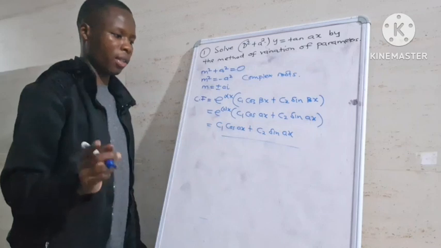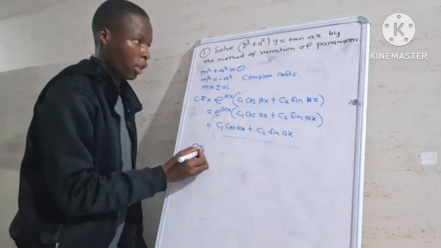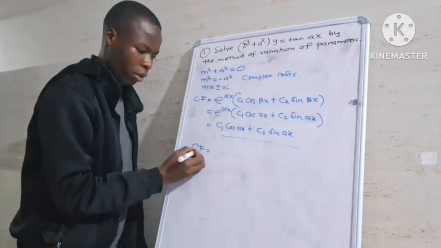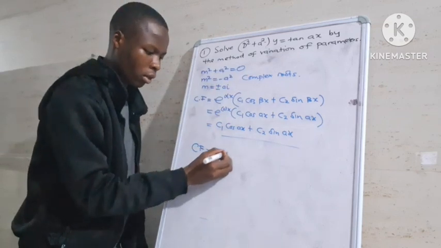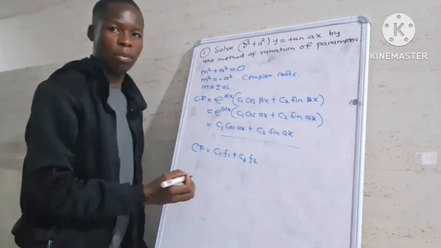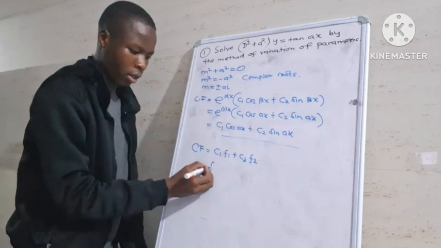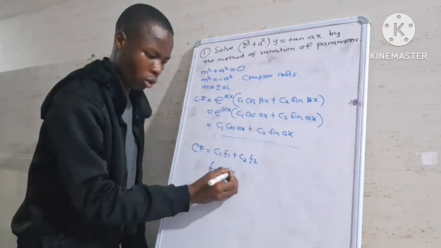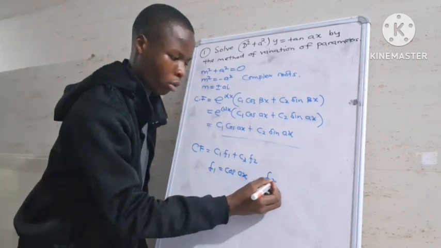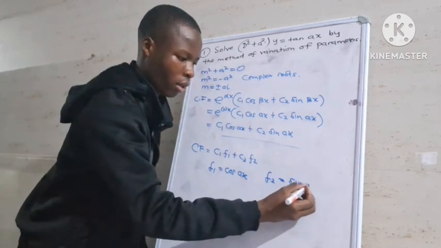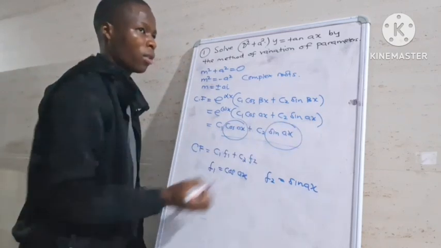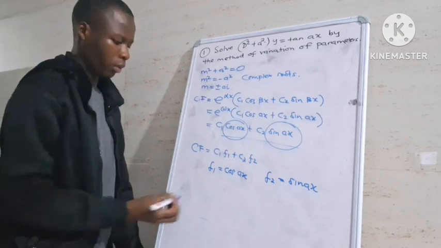Remember, I said that the complementary function, if you are using the method of variation of parameters, is given in the form c1 f1 plus c2 f2. It means that f1 is equal to cos ax and f2 is equal to sin ax.